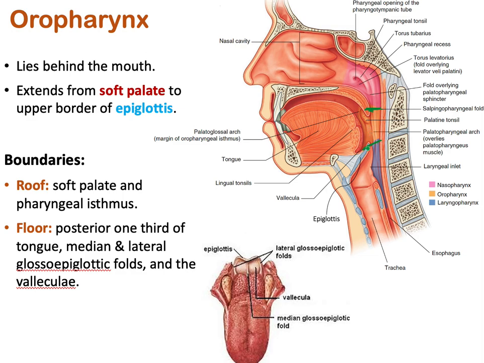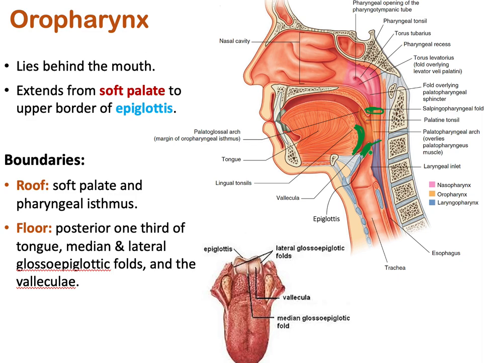So the roof, let us start with the roof. The roof of the oropharynx is created by the soft palate and pharyngeal isthmus. So this opening again is the pharyngeal isthmus, and the floor is formed by the posterior 1/3 of the tongue, with the median and lateral glossoepiglottic folds, not just the epiglottis itself.